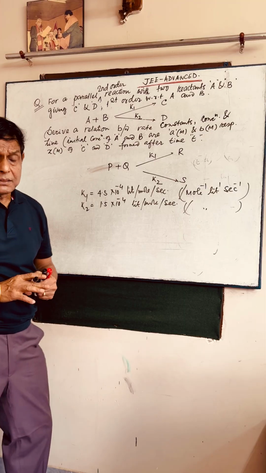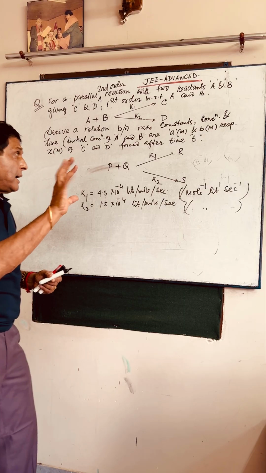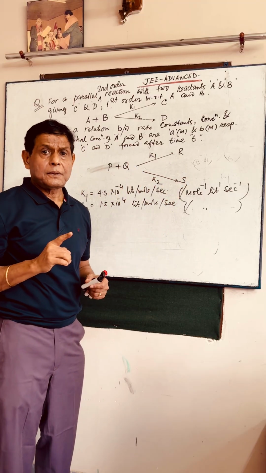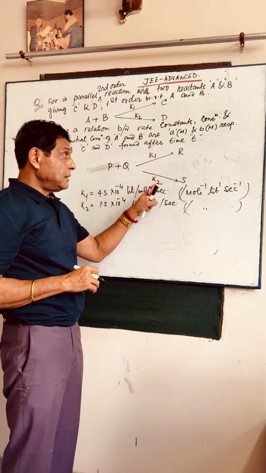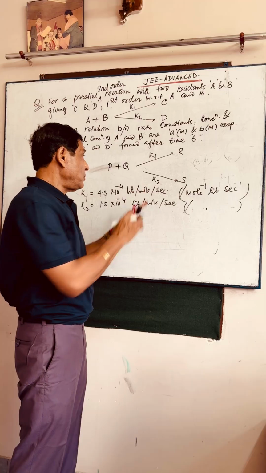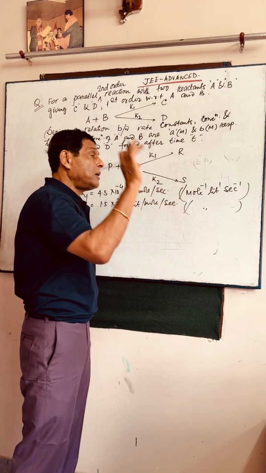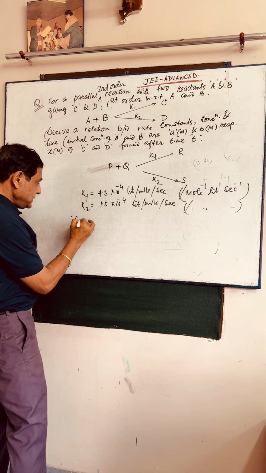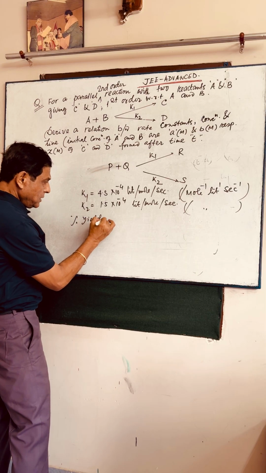The question was, what is the percentage yield of R and S? It was a parallel reaction. In a parallel reaction, if K1 and K2 are given, how to get the percentage yield? It was an MCQ type question.